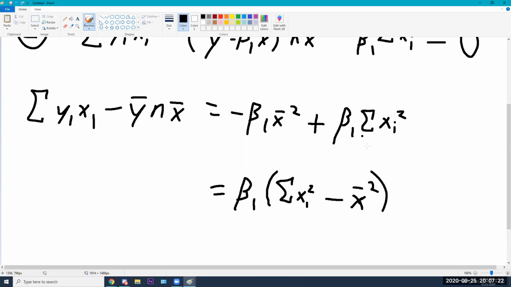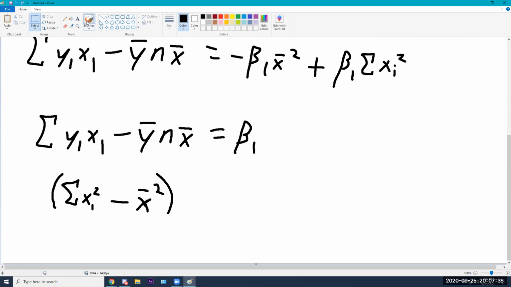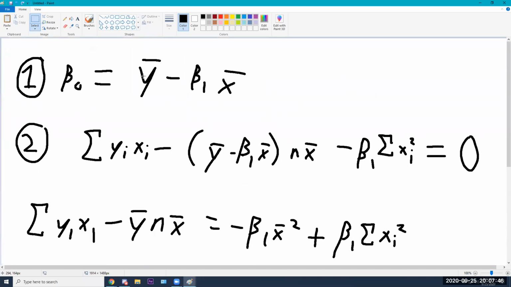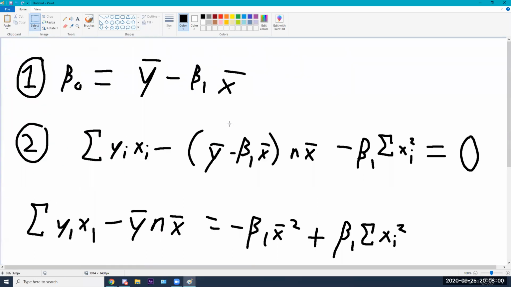If you distribute it out, you get the same thing as up here, right? And then this stays the same. And so the last step is just to divide both sides by this. So now we move this here. And now finally we have our equations for beta 1 and beta naught. Our beta 1 is equal to this. Our beta naught is equal to this expression of beta 1. So yeah, these are the formulas for how to actually perform ordinary least squares.